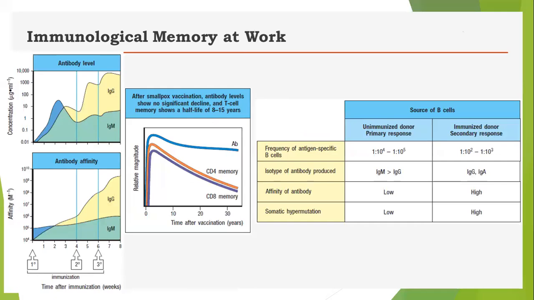So looking at immunological memory at work, we have a description showing the effect of the primary response, secondary response, and the tertiary response. In blue, we have the IgM primary response, and we can see how the composition of the IgM fluctuates over the course of the primary and secondary infection.